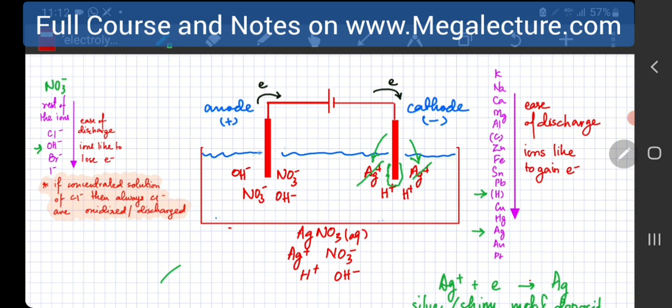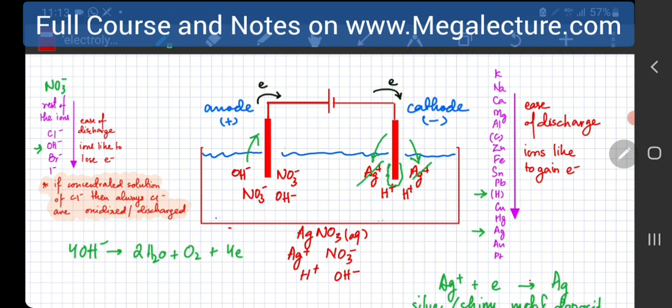So the electrons that will be gained by the battery are going to be lost by OH-1, not by NO3-1. And your equation for OH ions losing electrons to the battery, you have to remember this equation. It's 4 OH- ions, and they're going to lose electrons, and they would form two water molecules and an oxygen gas molecule, and four electrons are going to be produced.